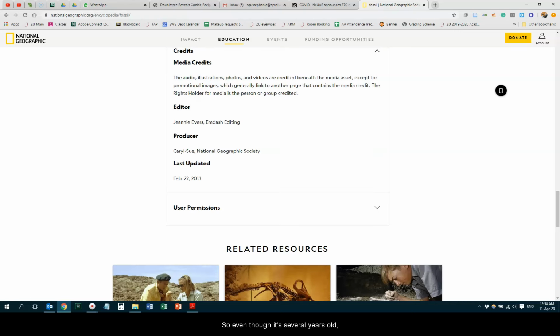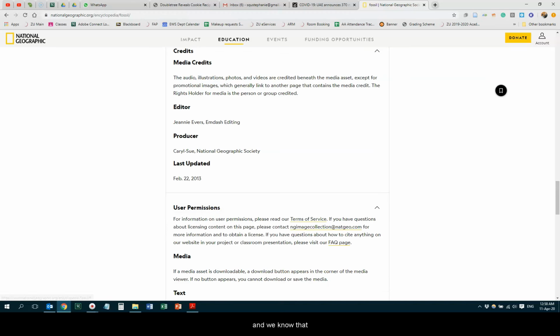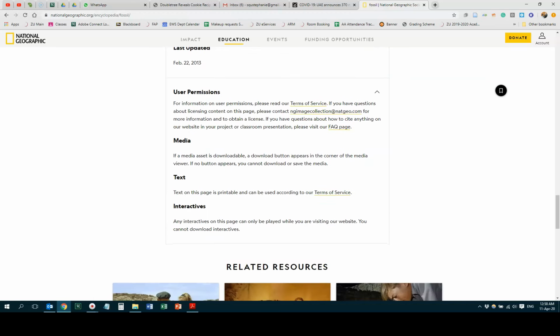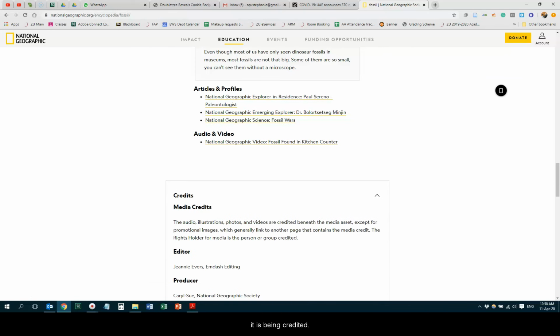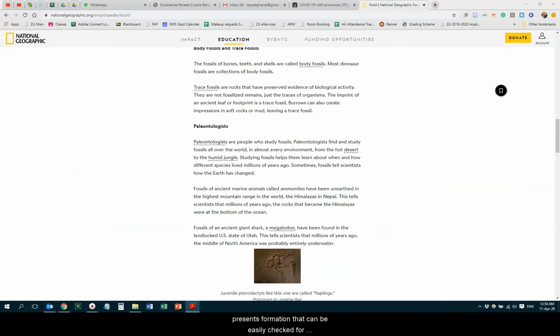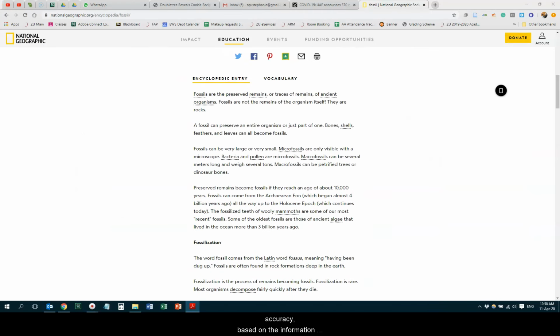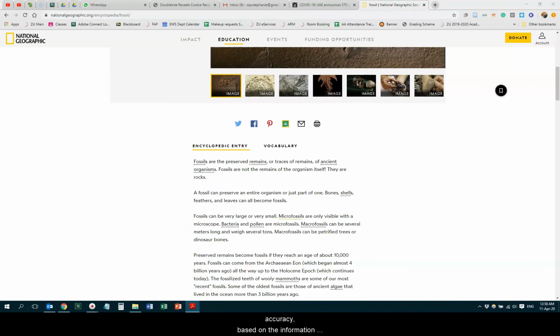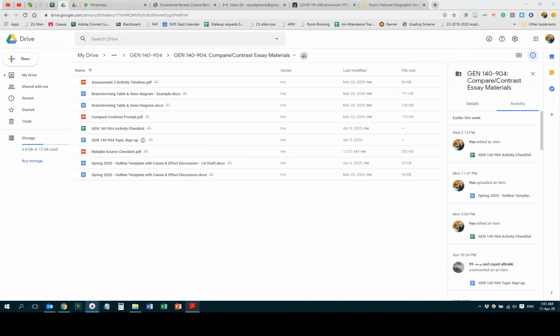So even though it's several years old, we have the information and we know that it is being credited. What is the purpose? Well, the purpose is there to inform and educate, and it uses neutral language. Also, the site presents information that can be easily checked for accuracy based on the information that's given here.